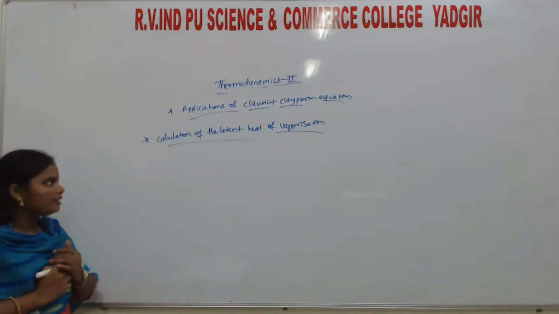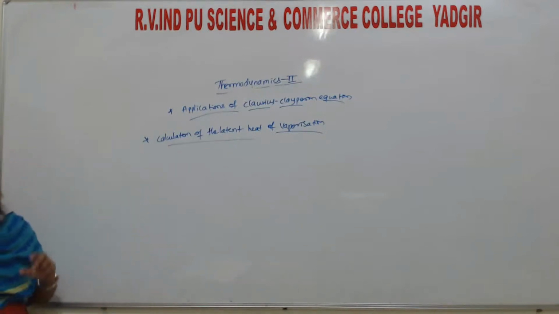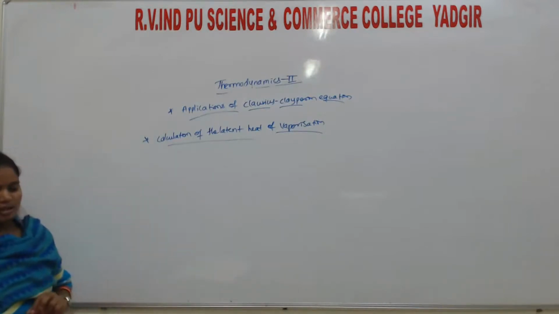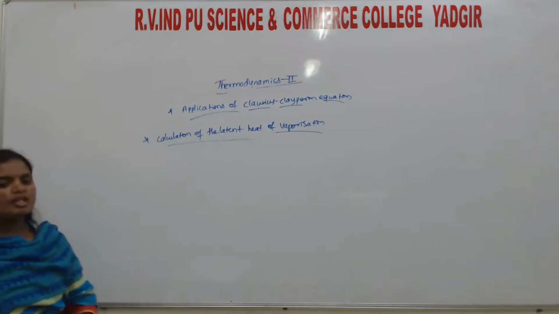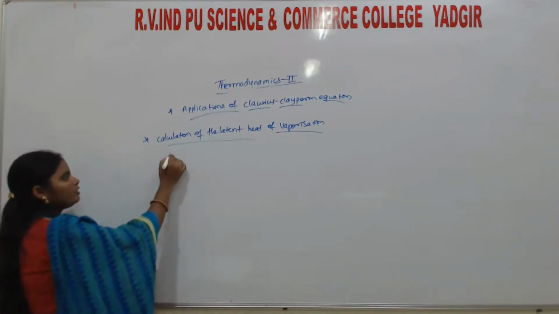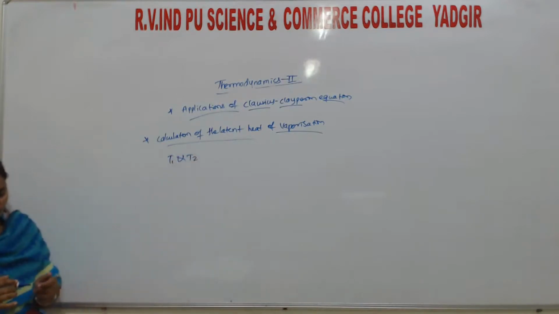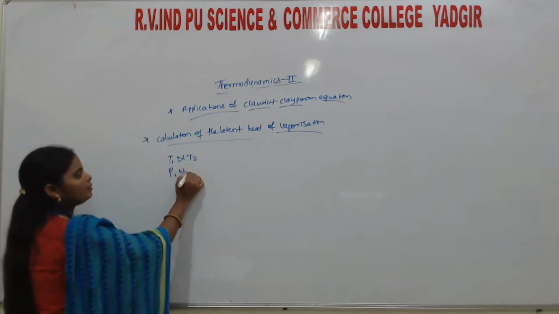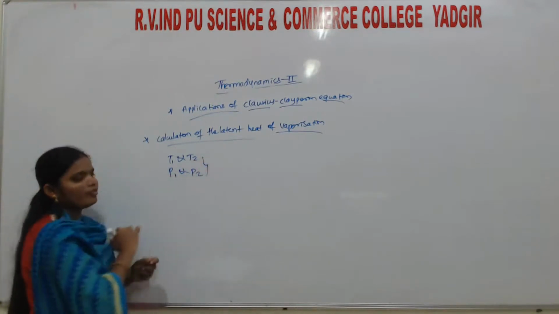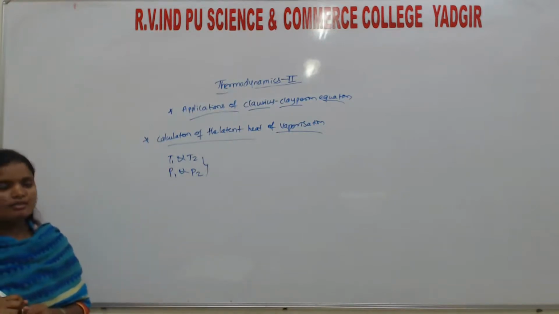Here, for calculating the latent heat of vaporization, you know the value of the vapor pressure of a liquid at 2 temperatures. 2 temperatures means T1 and T2. You know these 2 temperatures, T1 and T2, and the pressures P1 and P2. You know these values.